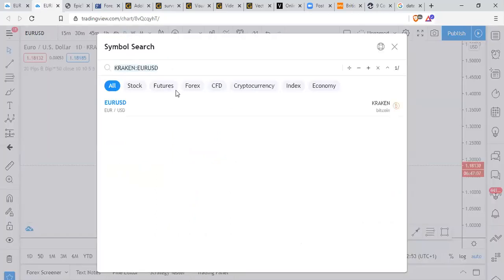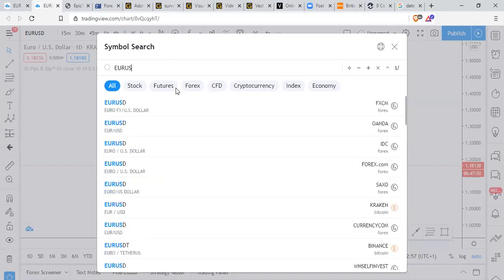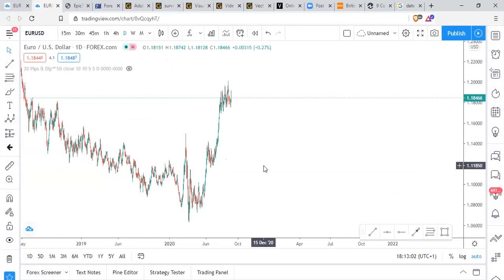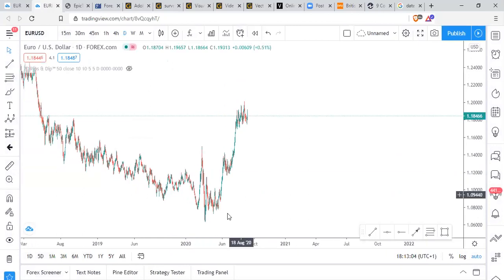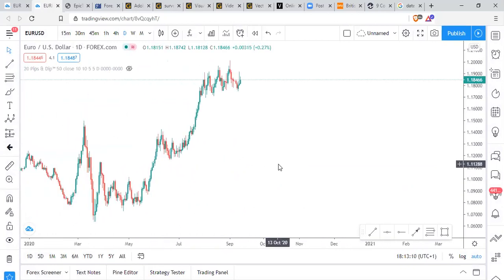Okay, good. Alright, so price is currently ranging. Price is ranging.